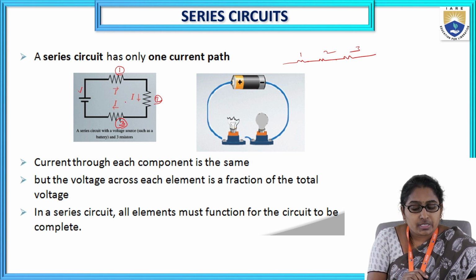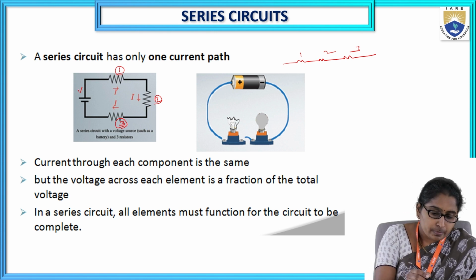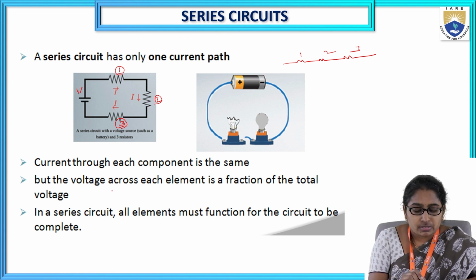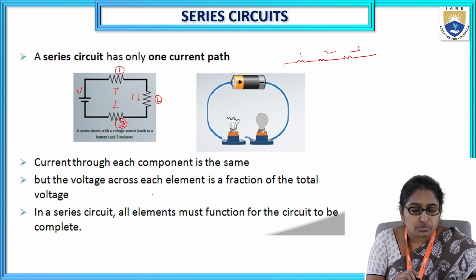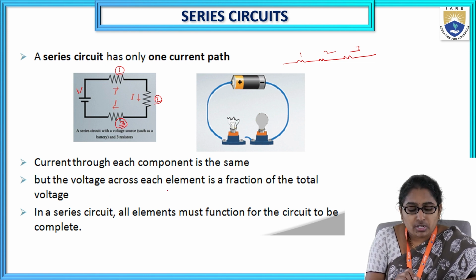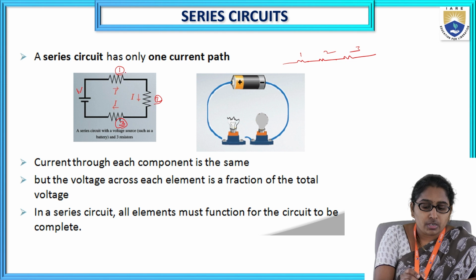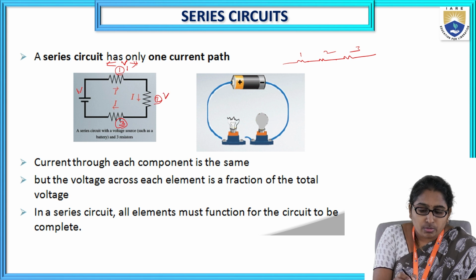Now the second point is the voltage drop. The voltage across each element is a fraction of the total voltage. Here, the voltage drop across the first element is, let us say, V1, the voltage drop across the second element is V2, and the voltage drop across the third element is V3.